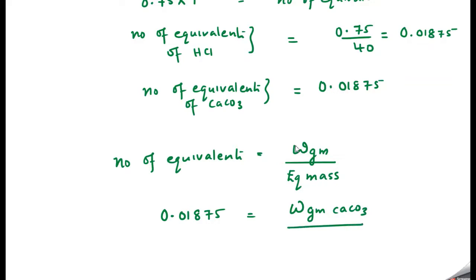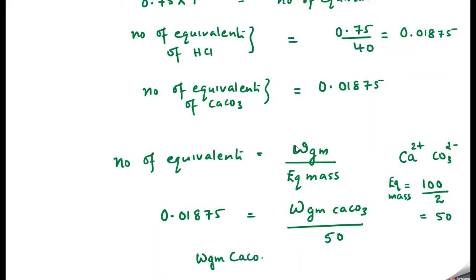We know that calcium carbonate will split as Ca2 plus and CO3 2 minus. So the equivalent mass of calcium carbonate is molecular mass, that is 100, divided by the total charge of the cation or total charge of the anion, that is 2. So you will get 50. That is the equivalent mass. Correct? So tell me the weight in gram of calcium carbonate.